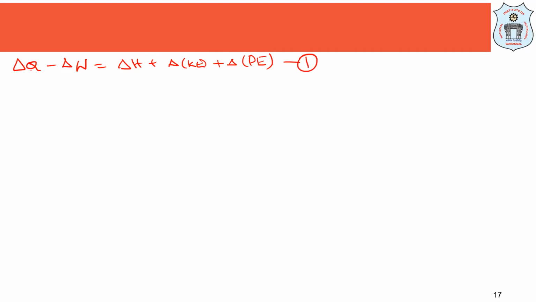Where delta Q is the heat transferred to the steady flow stream from the surrounding.